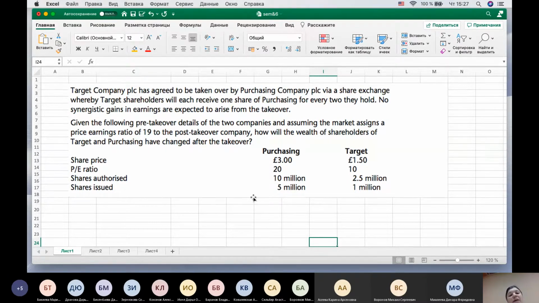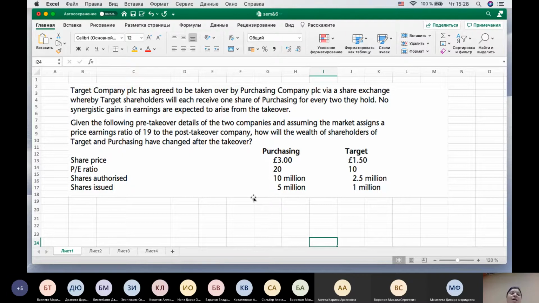Given the following pre-takeover details of the 2 companies and assuming the market assigns a price-earnings ratio of 19 to the post-takeover company, how will the wealth of shareholders of target and the purchasing have changed after the takeover?